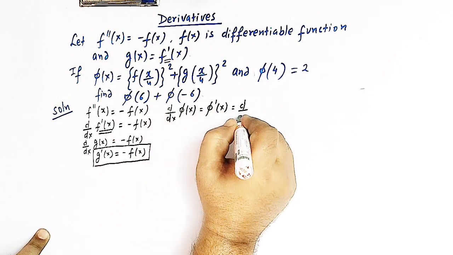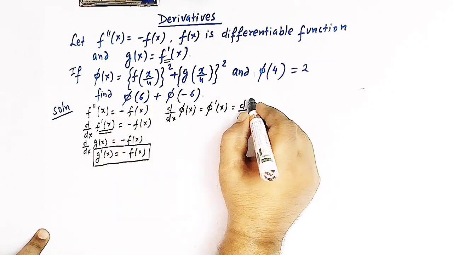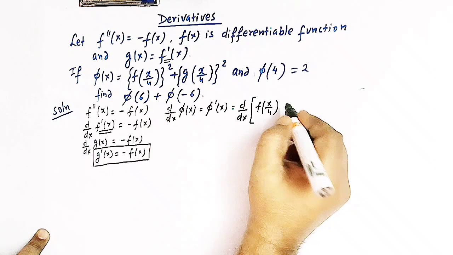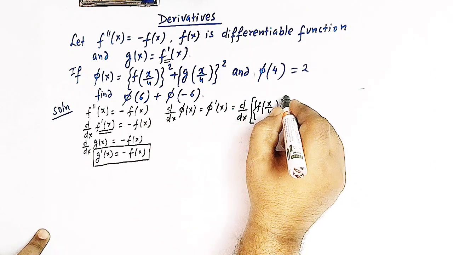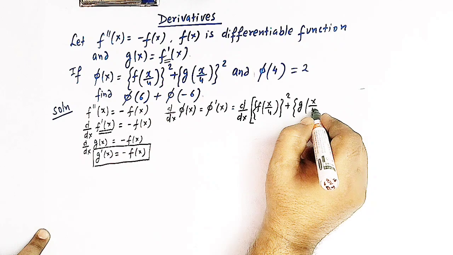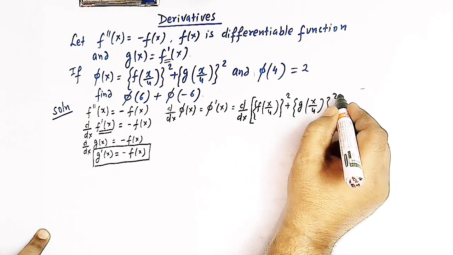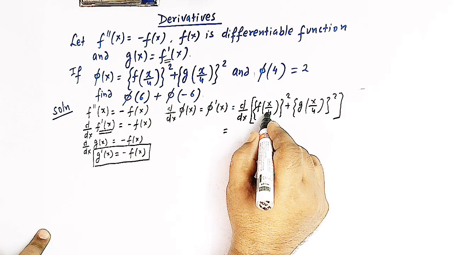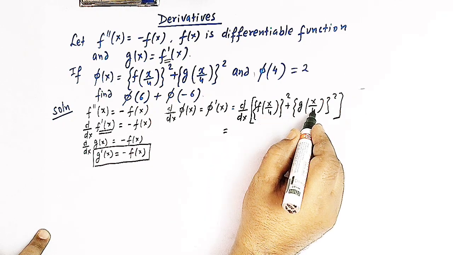So we have d by dx, and now we can write here f of x over 4, and this is a square. Then we have g of x over 4. Here we have square, right? So now we'll first differentiate this one, then we'll differentiate this one.